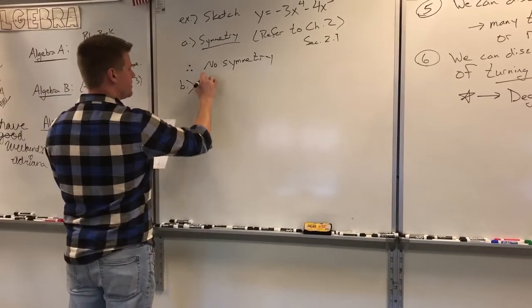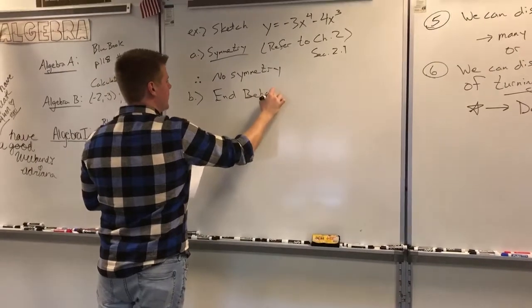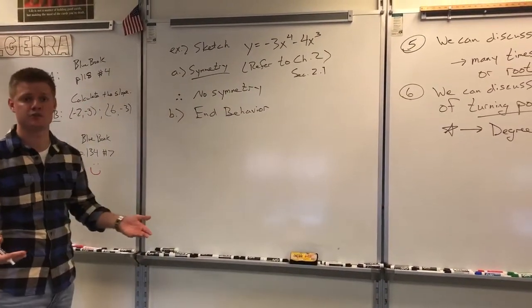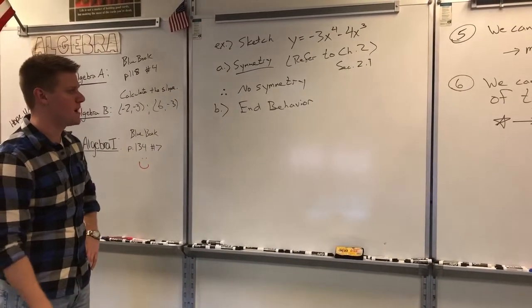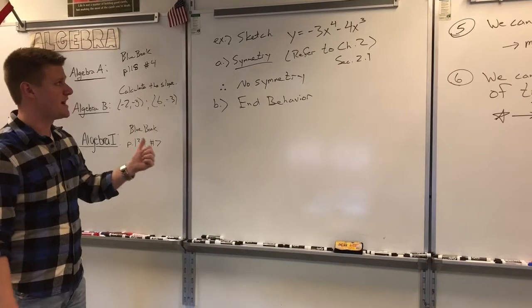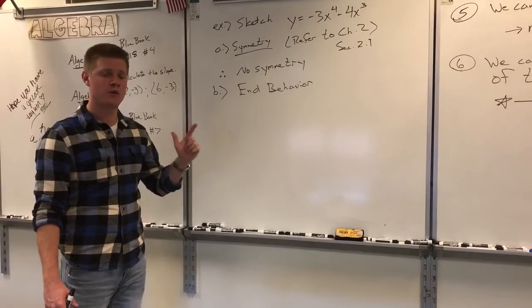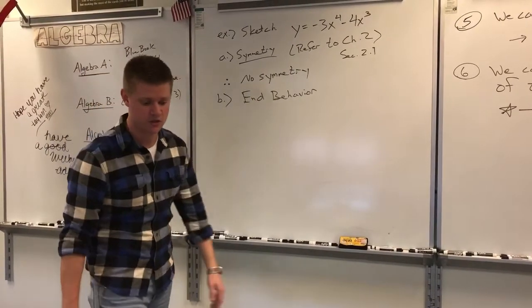Step B, this is going to be an important piece that we look at from now on. What is the end behavior of this graph doing? So what does it do at its tails, remember? So going back to those 4 combinations that we talked about, determining whether the sign of the first term is positive or negative, and determining whether we have an even or an odd degree. We can assume some information about that.